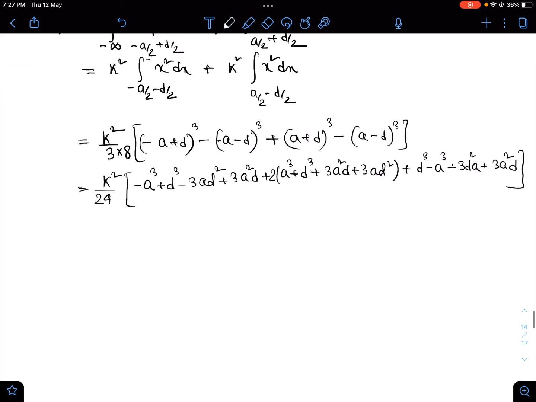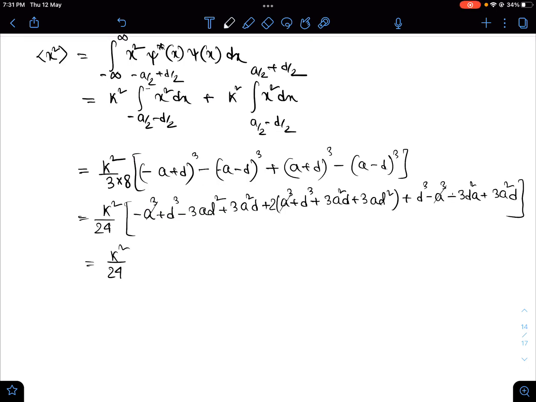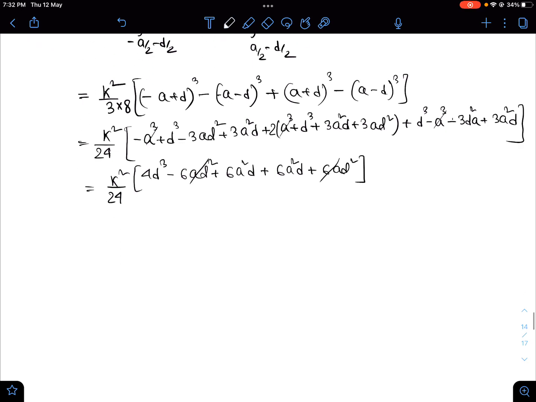The a cubed terms cancel out. The rest of the terms are 4d cubed minus 6a d squared plus 6a squared d, and here we have 6a squared d plus 6a d squared. So these terms will also cancel out.